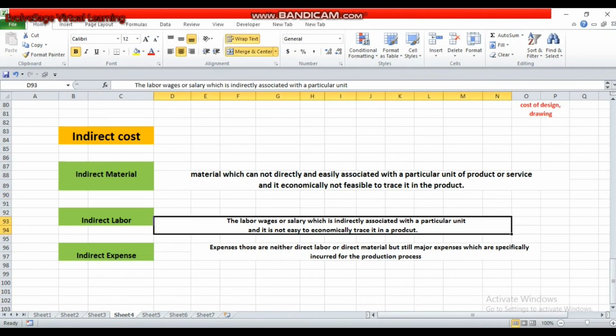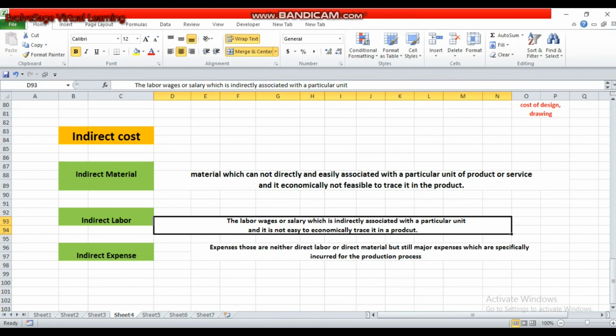Why? Because it is economically not feasible for us to trace how much time he has consumed on which product and how much cost he has incurred in which product.